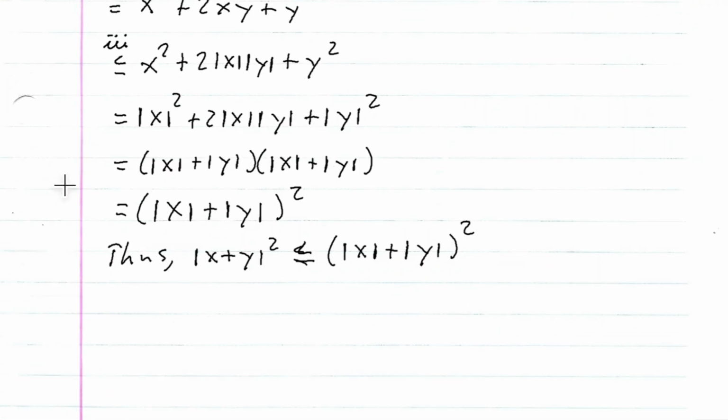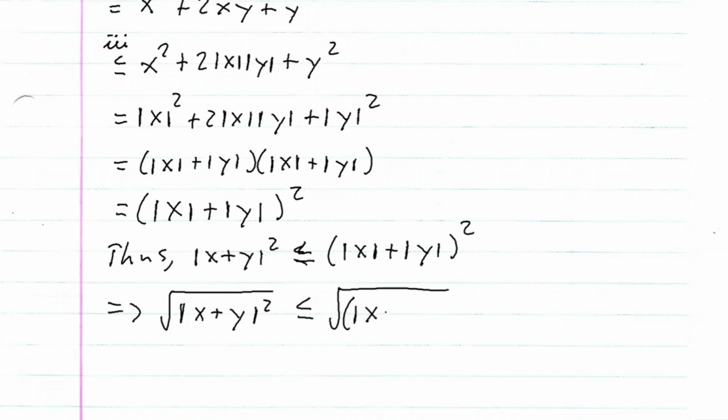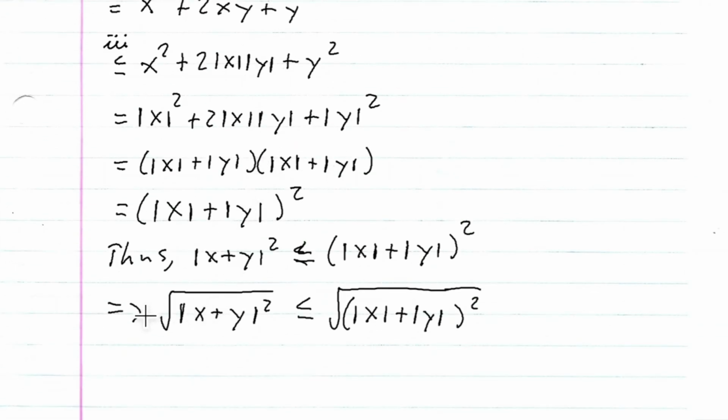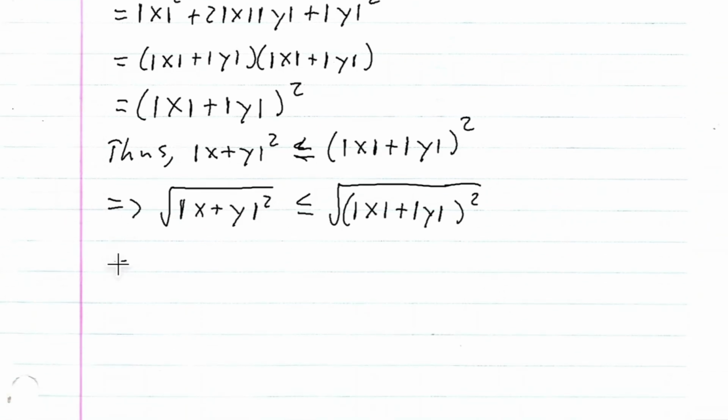Since both of these are positive, this implies that the square root of the absolute value of x plus y squared must be less than or equal to the square root of the absolute value of x plus the absolute value of y squared. And then using number 1, we know that the square root of something squared is the absolute value of that thing.